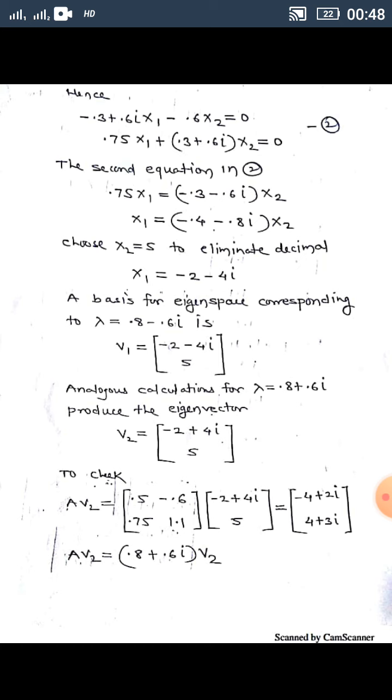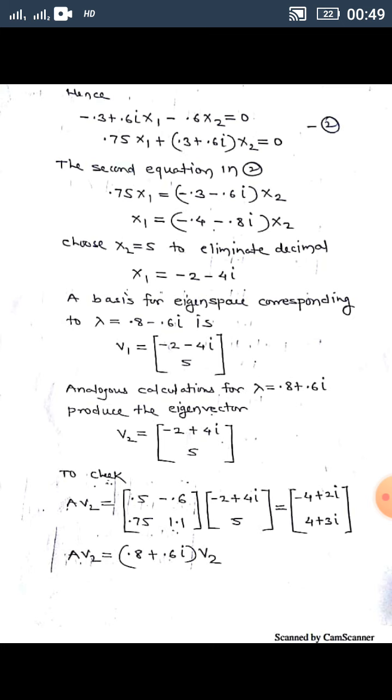Now 0.4 and 0.8 are fractions, so we can multiply by a common number. If we multiply by 1, we cannot make this fraction free. By 2 also we cannot. 3, 4 not.